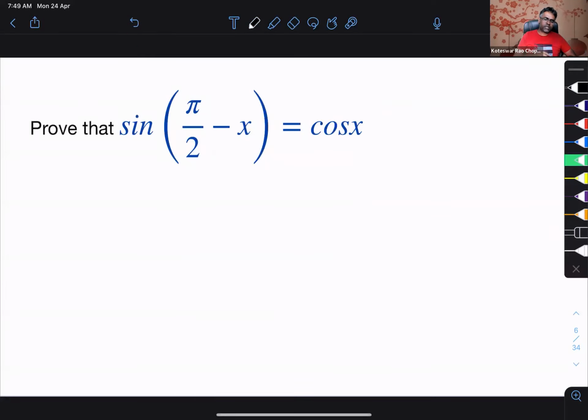Okay. Now the same thing. You can either use a unit circle or maybe the manipulation that we are trying to do. So here, what we can do is, left hand side, pay attention here.